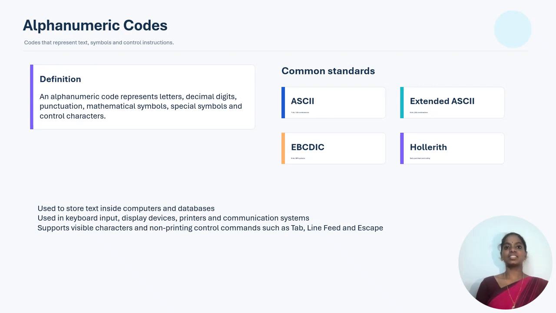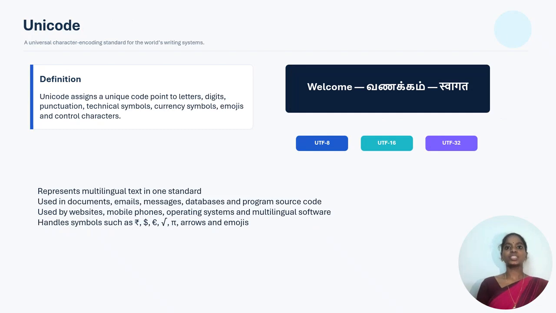And then the next classification is Unicode. Unicode is a universal character encoding standard that assigns a unique number, called a code point, to each character used in the world's written languages. It represents letters from different languages, decimal digits, punctuation marks, mathematical and technical symbols, currency symbols, emojis, and control characters.